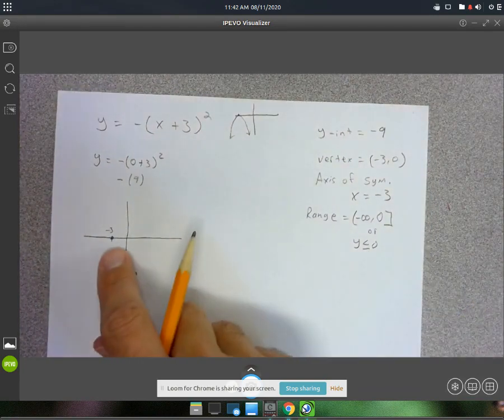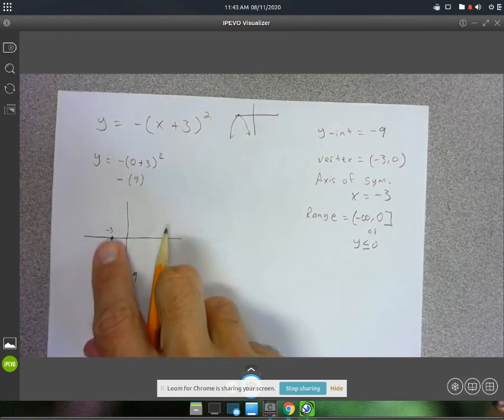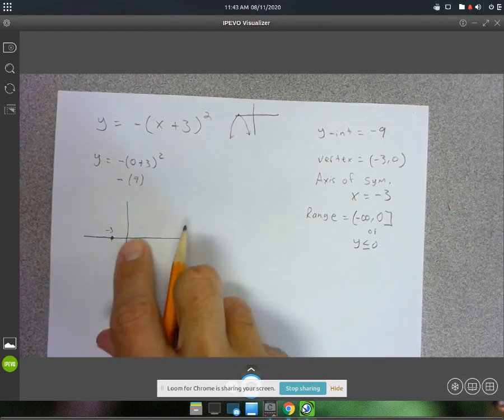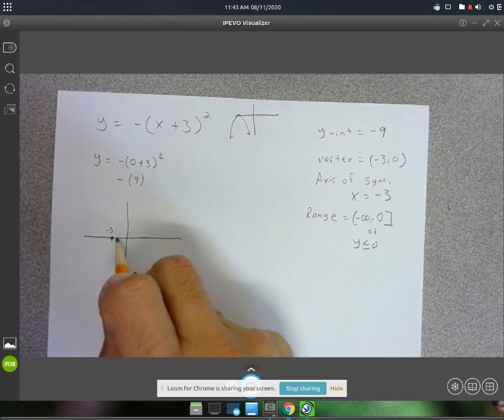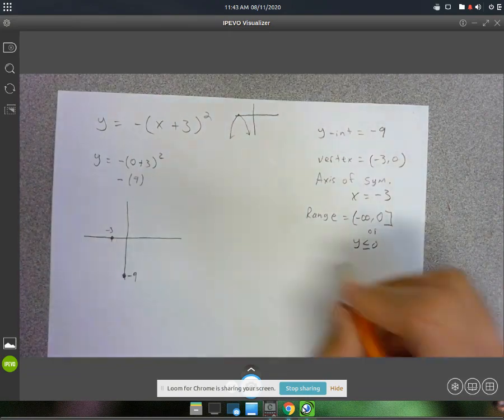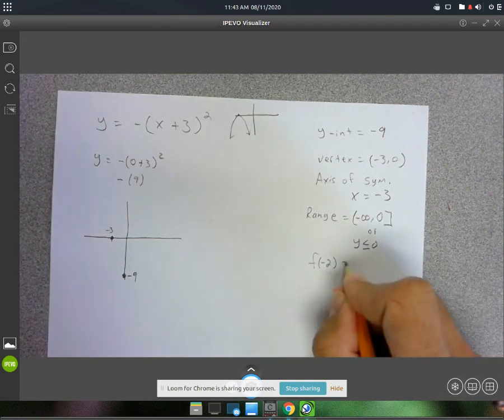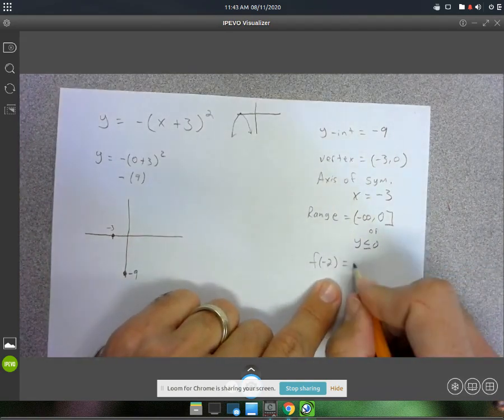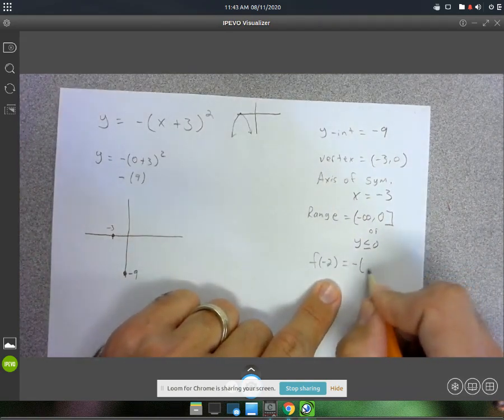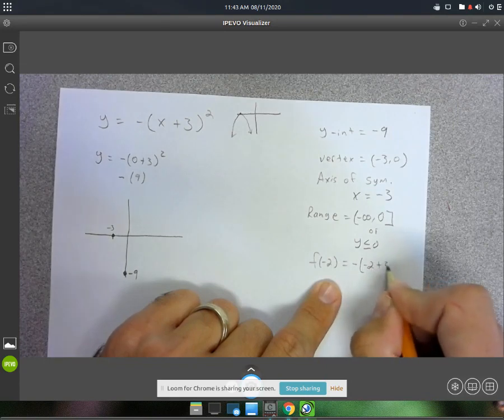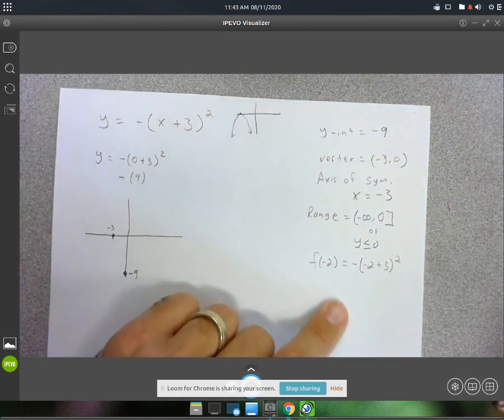Let's see. So we had negative 3. Let's pick an x value just to the right here. Just one value over, which would be negative 2. So I'm going to find f of negative 2. All right. Well, that's going to be negative, in parentheses, negative 2 plus 3 squared.